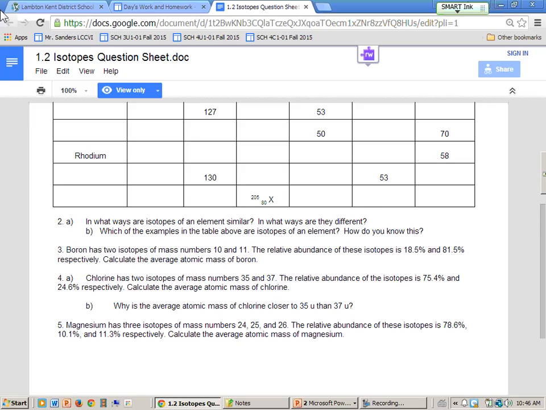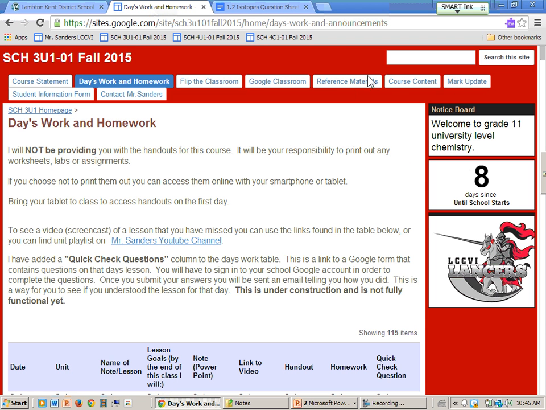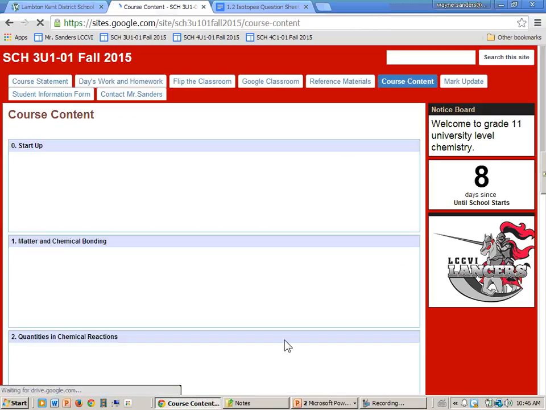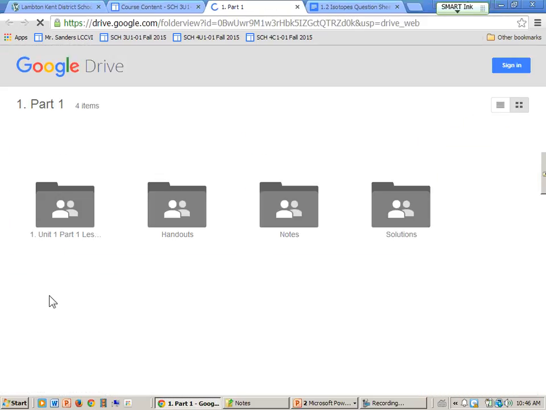Okay, so if you take a look at the website, there's the sheet. Back to the website, the day's work page. Again, if you go to course content, this is where I've hidden things like solutions. If you go to Part 1, Unit 1, Part 1, you'll notice here, it says solutions.